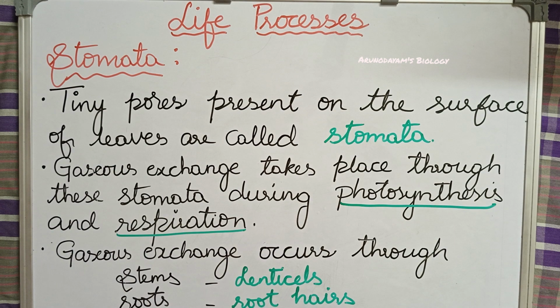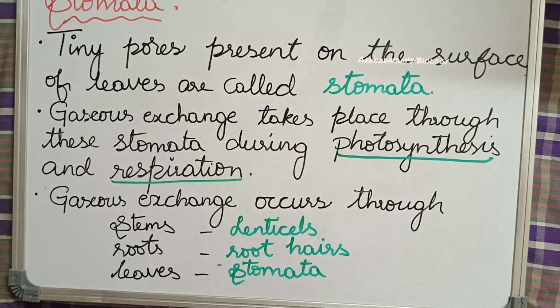Okay, and this gaseous exchange not only takes place in leaves but also in other parts of plants. For example, in leaves stomata are present for gaseous exchange. Herbaceous stems also have stomata for gaseous exchange, whereas woody stems have lenticels.